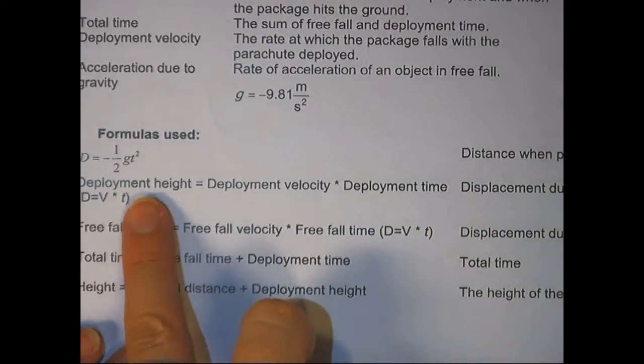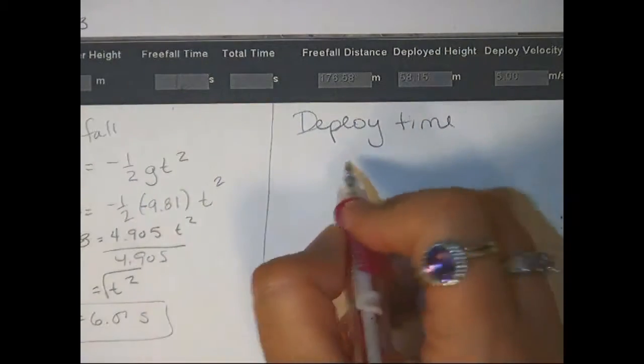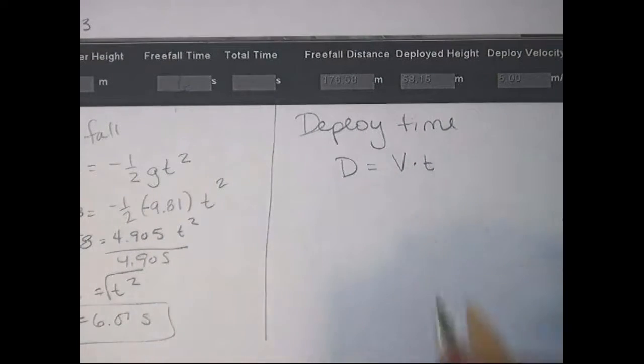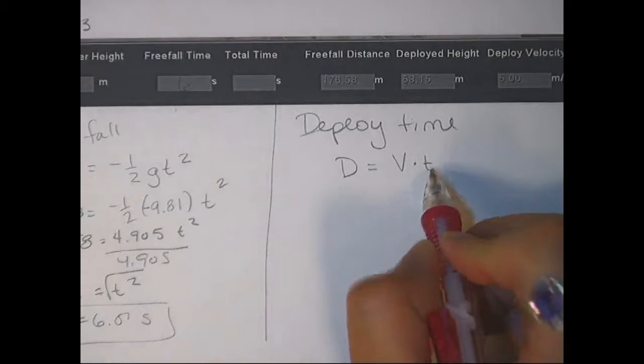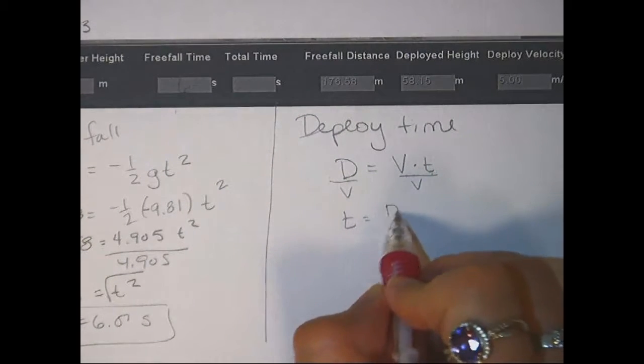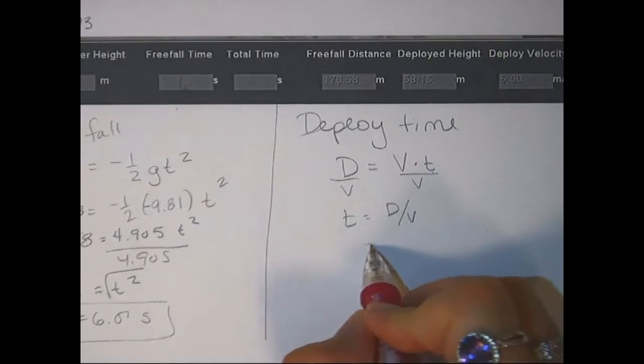Well, what we know is the deployment height is equal to the velocity times the time. So I have the distance equals velocity times time, and what I want to find is the time. So if I divide both sides by v, I get time equals distance divided by velocity. Here's my distance.